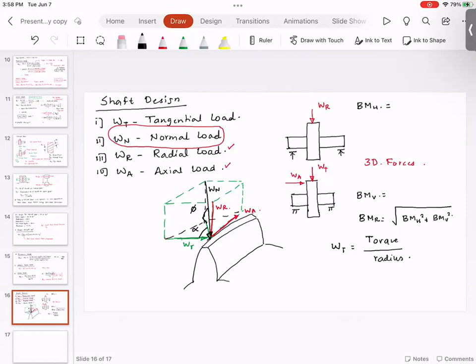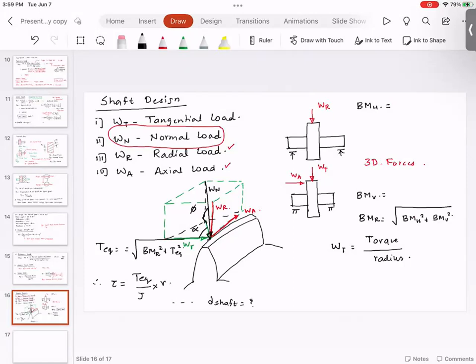Then we find the value of torque, and then we find Teq divided by J multiplied by R, and find out the value of the diameter of the shaft.